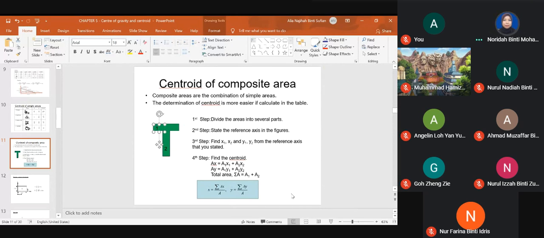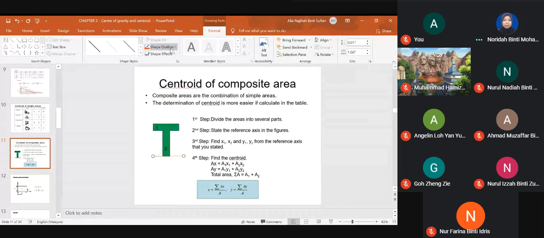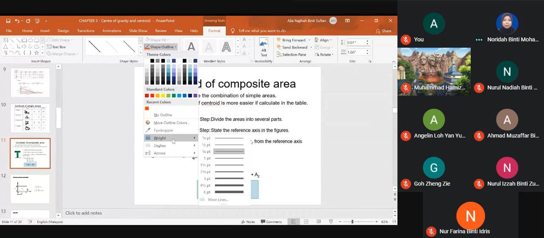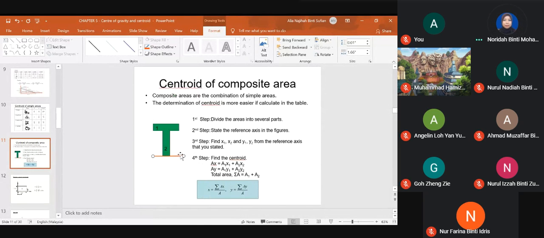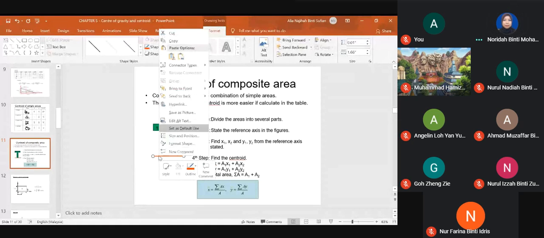Okay, second, state the reference axis in the figure. If it is not given, you have to establish the X and Y axis. It could be here, the x-axis.